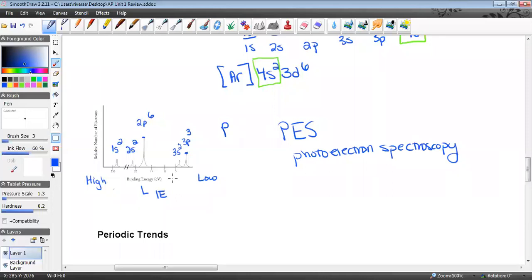And the speed that the electron is traveling will relate to how much energy was required to pluck that electron off. In fact, we could write that as an equation, but I don't think you guys need it. I just think you guys need to be able to identify an element and read that graph. Okay.